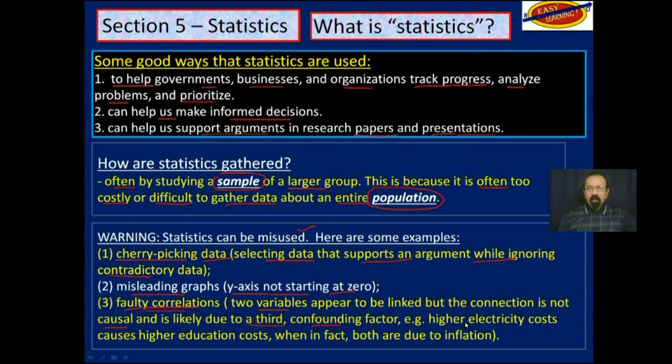Example, you may notice that higher electricity costs parallel higher education costs. And you could say the higher electricity costs cause the higher education costs, when in fact, both are due to inflation. So the information gleaned from statistics is generally good, but it can be misused.